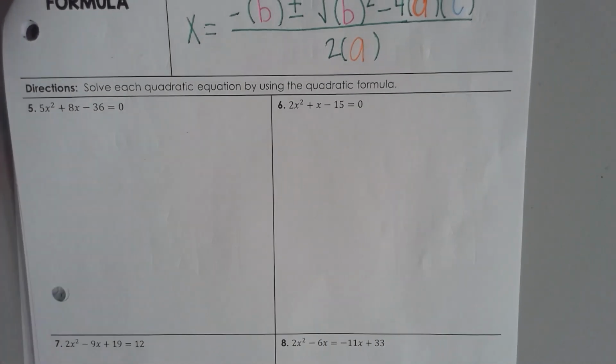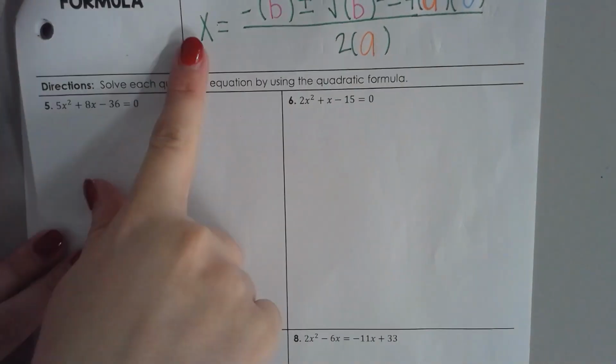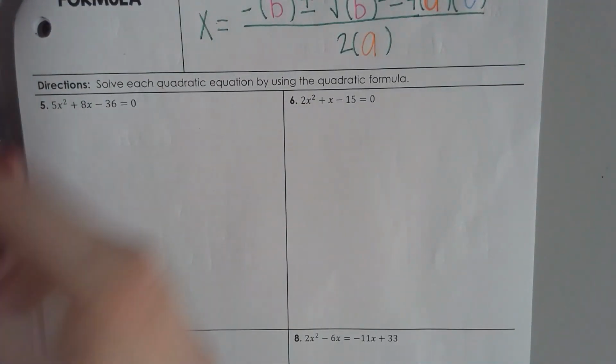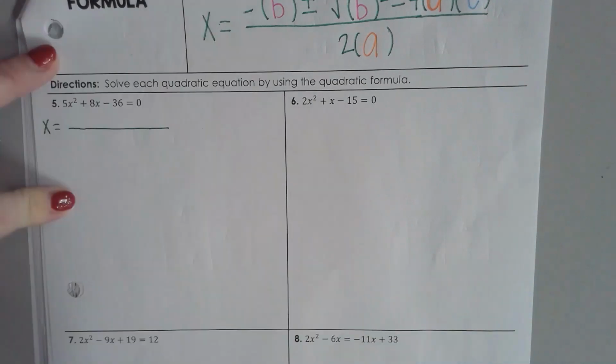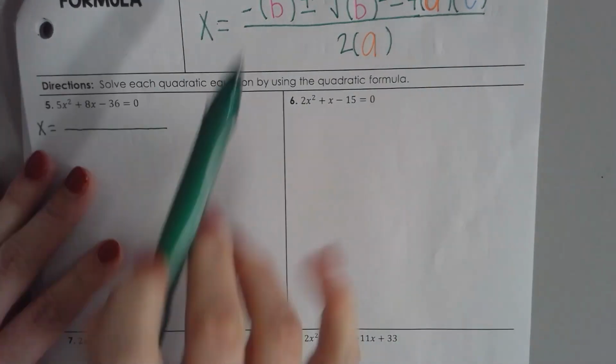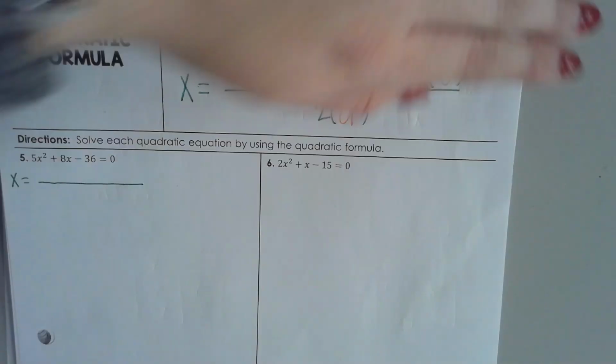So we're going to work through these, and there are certain steps I want you to follow. We're not going to just type the whole thing in the calculator and hit enter. We've got to do it step by step. So let's start out by just filling into the formula. So x equals... Your formula always has, hold on, what if I cover this up?